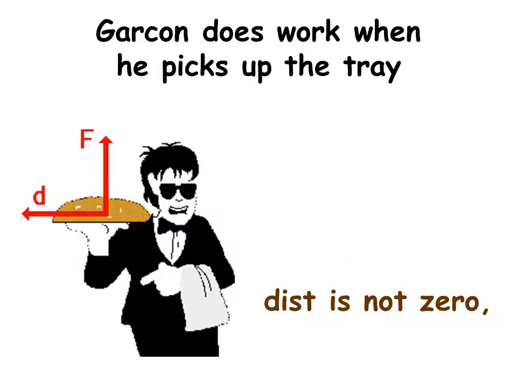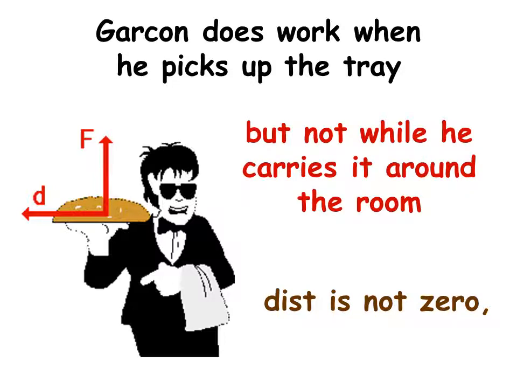Another example: this person does work when he picks up the tray, because we have the two components, force and displacement, but not when he carries it around the room.